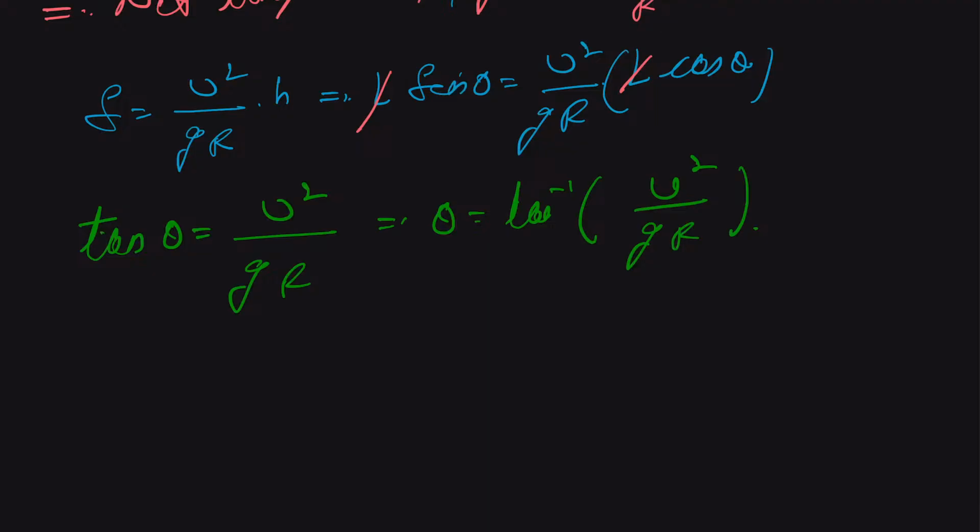And because this v is the linear speed of the center of mass, if you require, we can substitute it with respect to the angular velocity also. Okay, so this is the angle of our tilt.